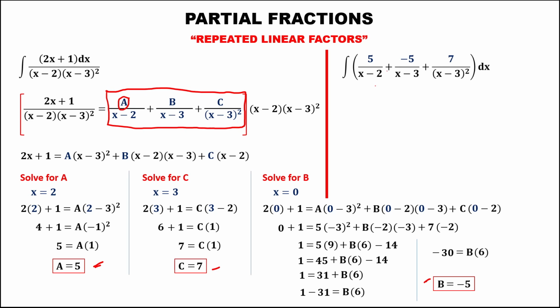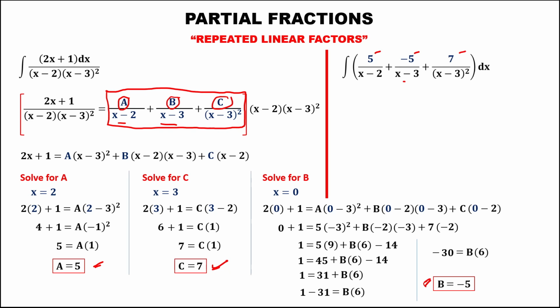A is positive 5 over x minus 2, then plus b. b is negative 5 over x minus 3, then plus c. So c is positive 7, then over x minus 3.